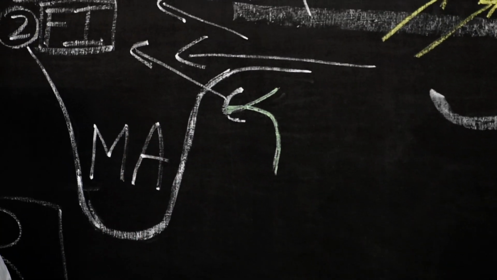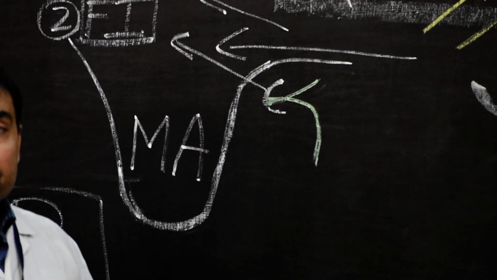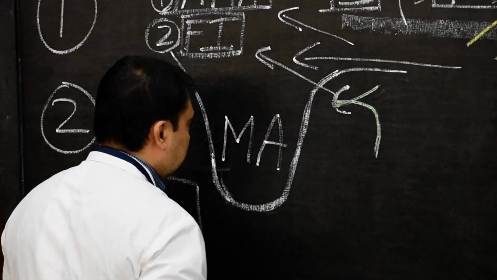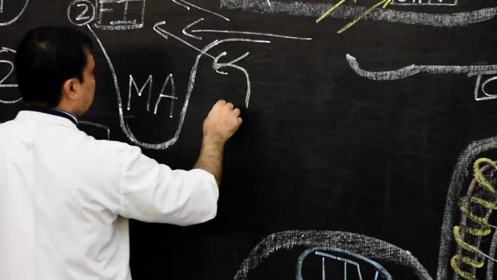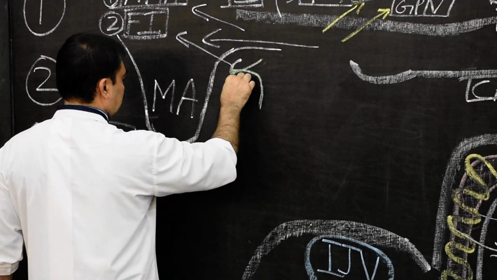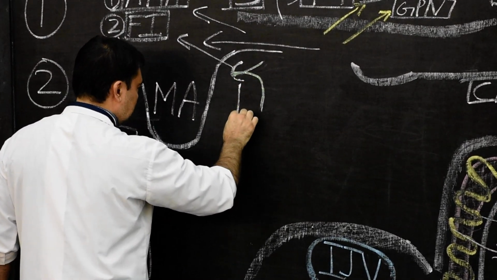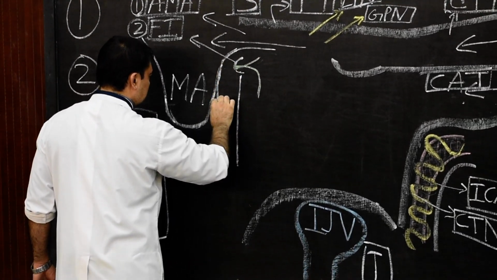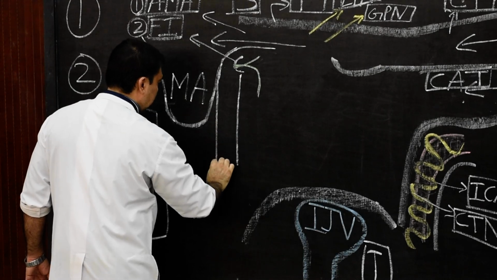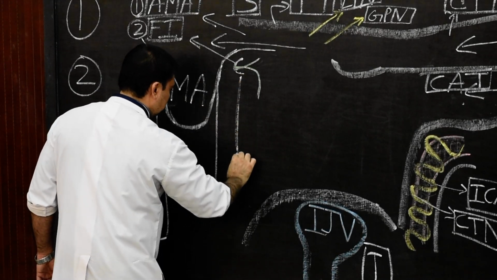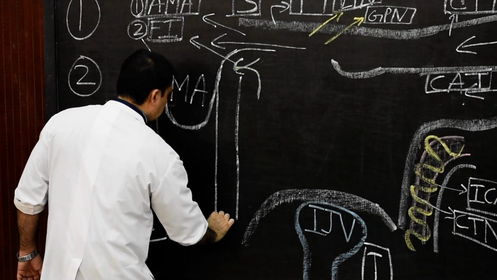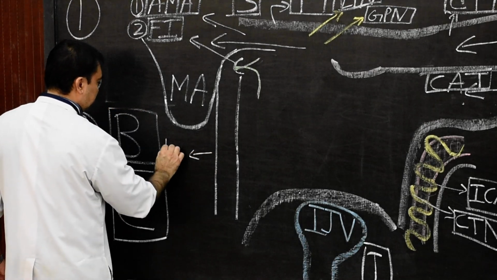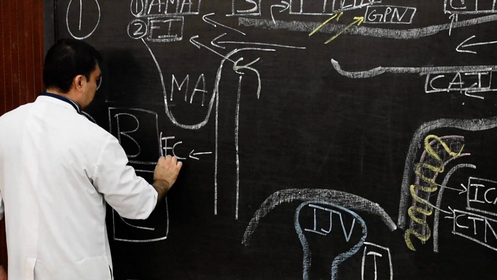Structure number 3, vertical part of facial canal, very, very important. So the vertical part of the facial canal, we will draw it. At this level we draw. Here we show the entire facial canal. This is how we show it. And we will note down here as facial canal.